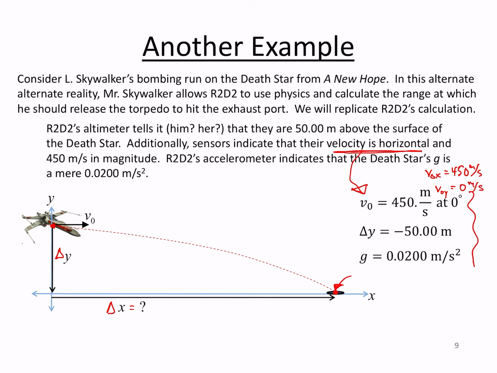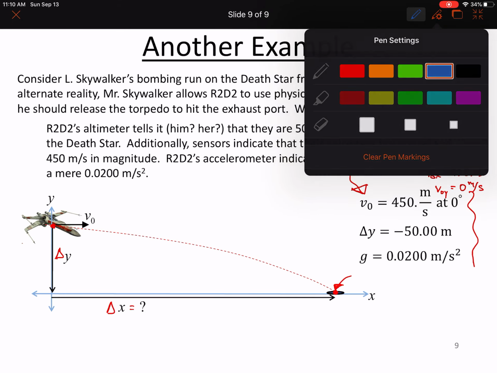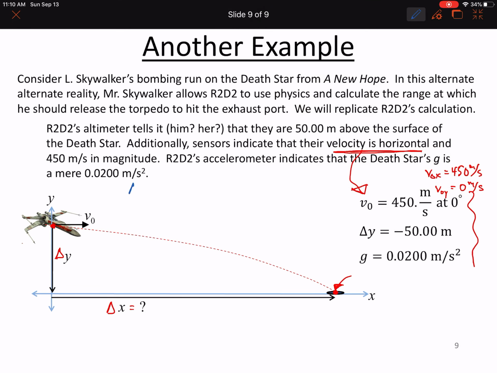As before, though, it's best to go right at the solution if we can. So let me see if I can grab a different color. Let's calculate delta x. Let's do it. Just write it down. And we find ourselves stymied in the exact same spot as we were last time. We know this thing, we want this thing, but we also don't know the time of flight. So we need to go get the time of flight.